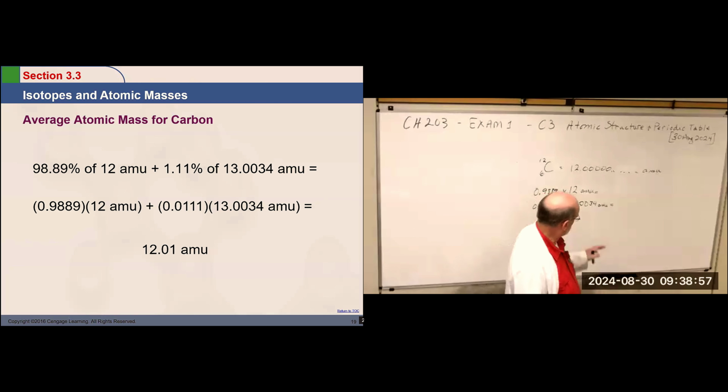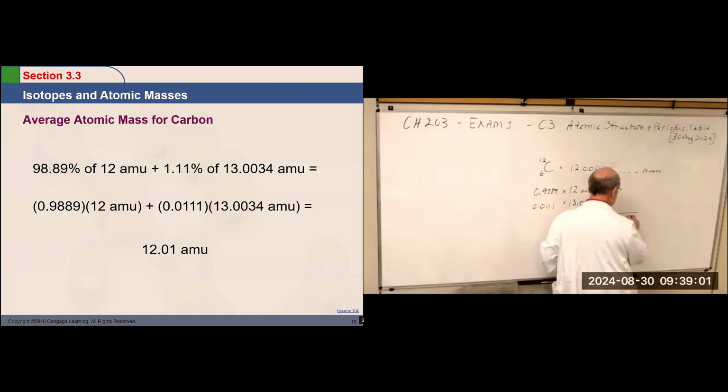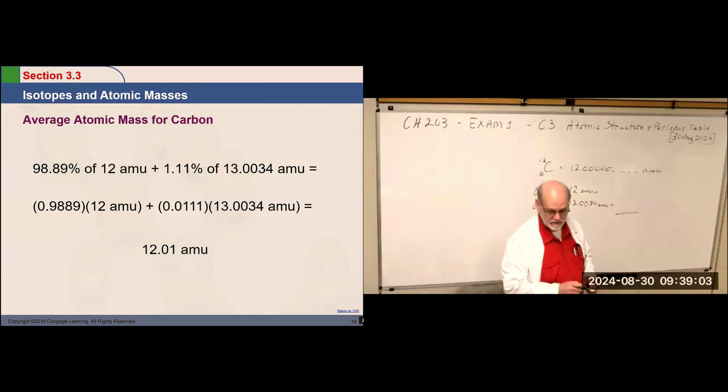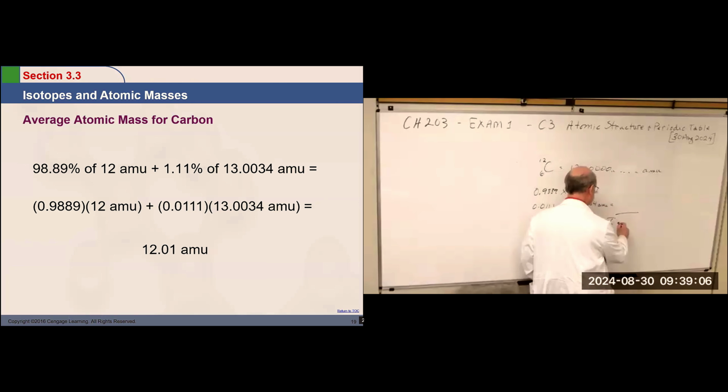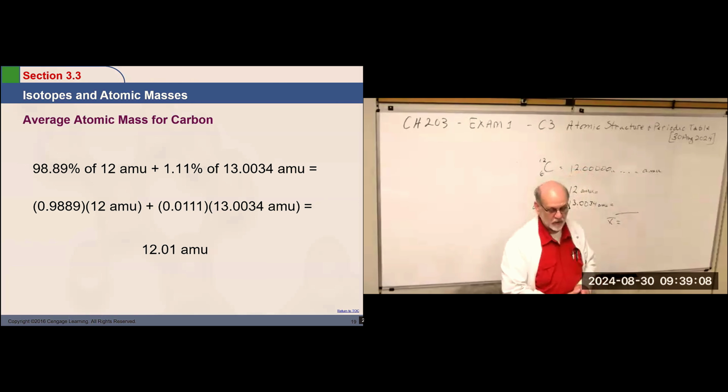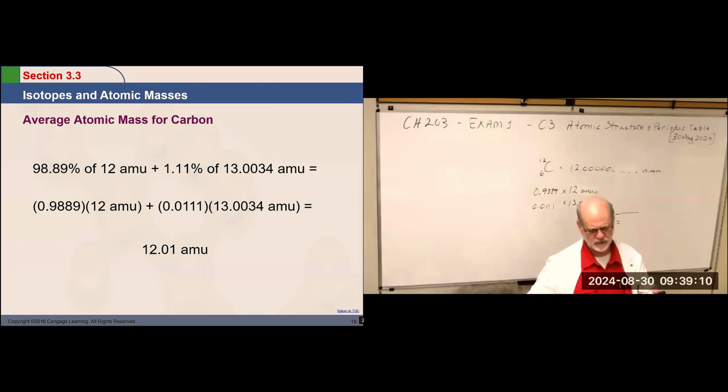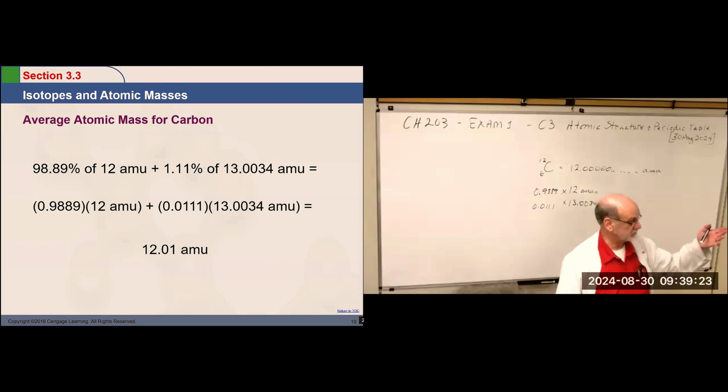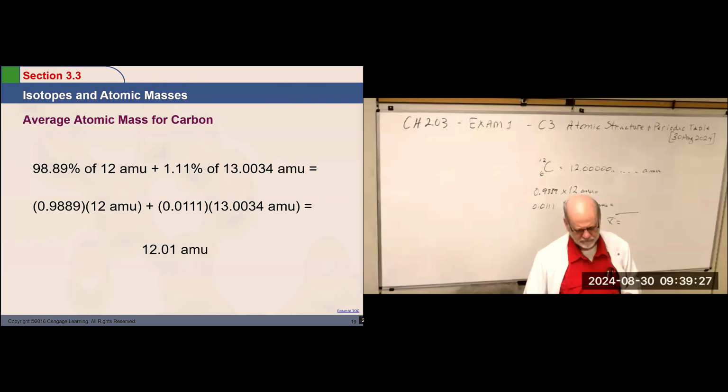Okay, so when you multiply this out and then add them together, you get the weighted average of 12.01 to 2 decimal places. Now that's going to be just fine for us. 2 decimal places is enough. You'll notice on any periodic table that some of them have 4, 5, 6, 7, 8 decimal places.